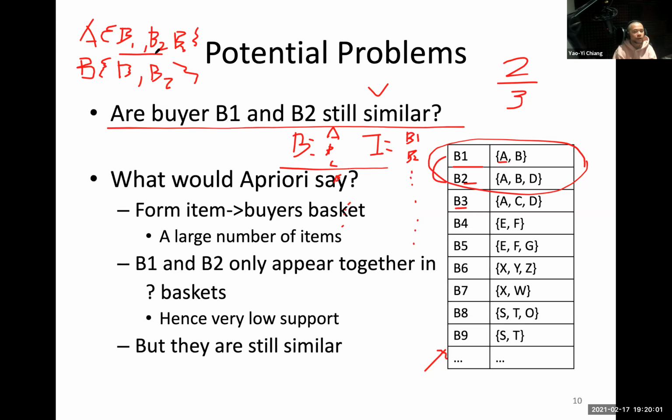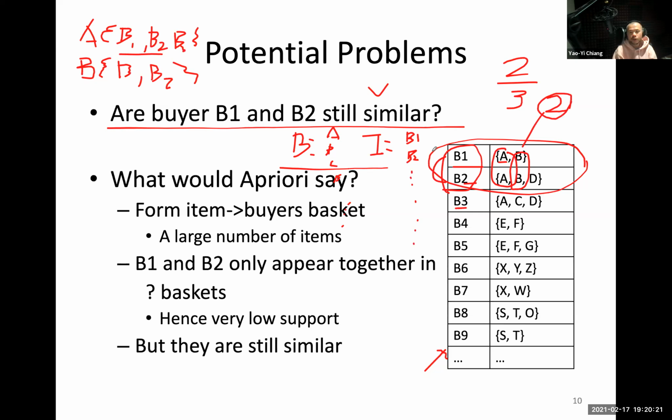Well, it will not, because B1 and B2 only appear together in how many baskets? They appear together in basket A and basket B, right? So their support is only 2.